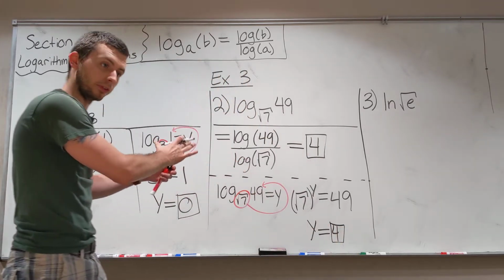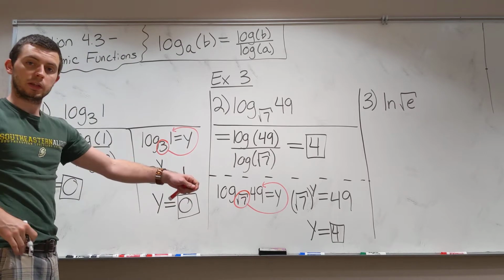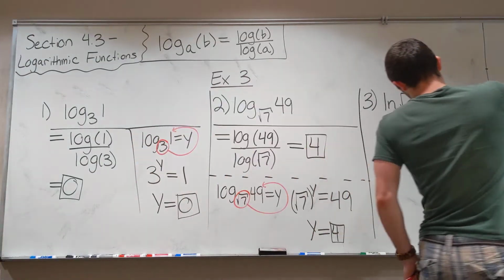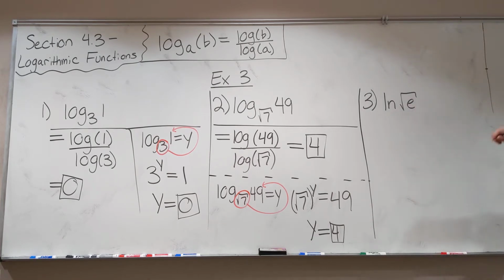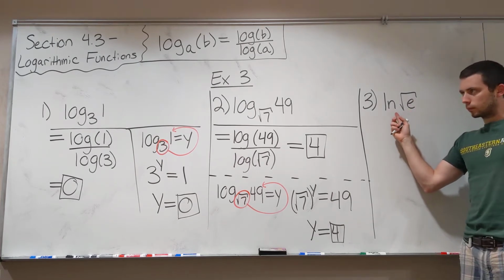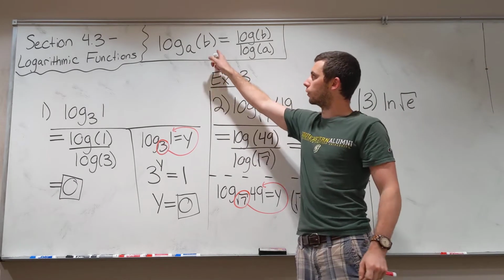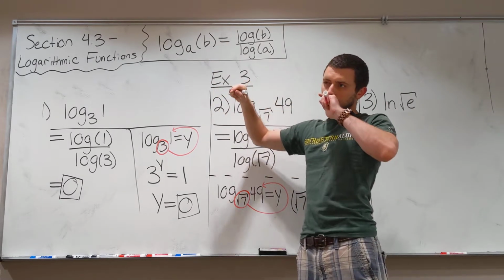So if you prefer to use this method, that would be the procedure in which you do so here. And let's go ahead and move on to the final one. So notice, we don't have to use this conversion here.